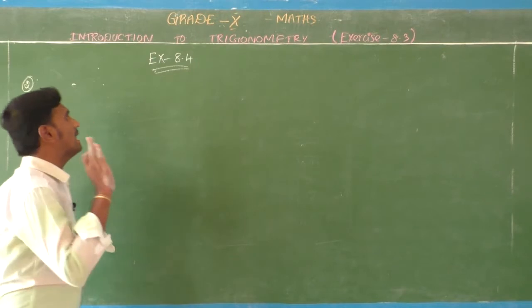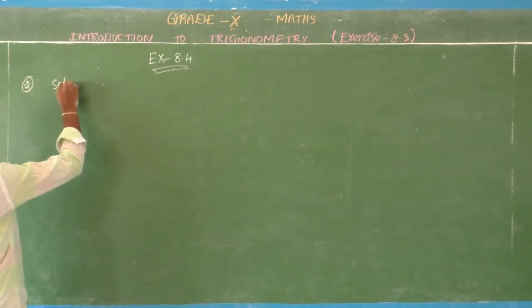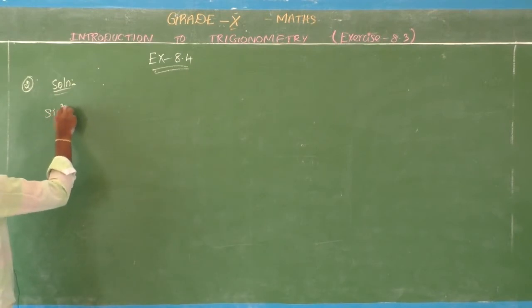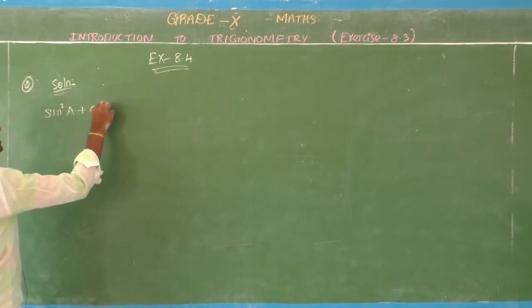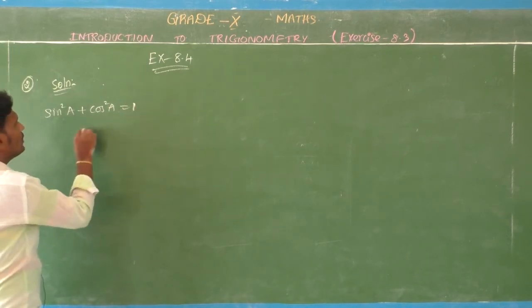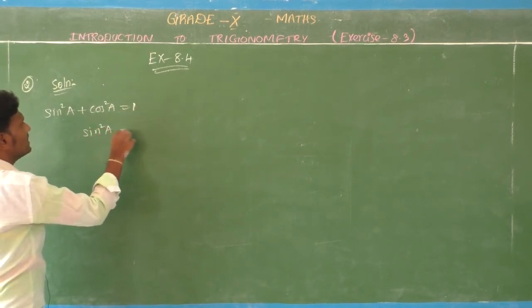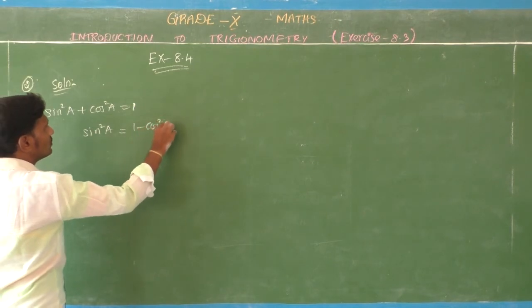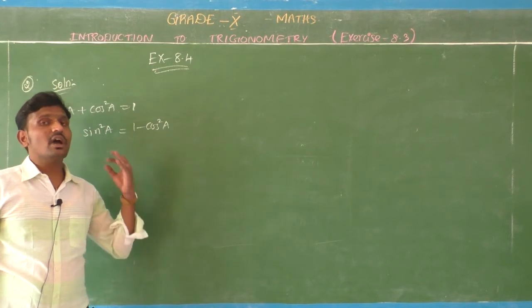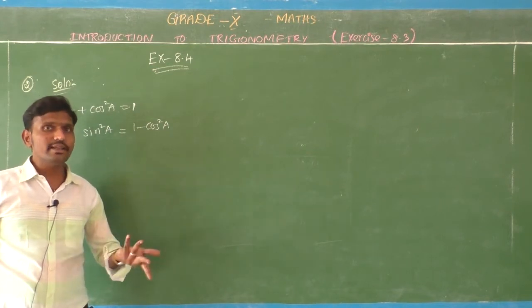First I am taking the first identity, sin square A plus cos square A equals 1. Already I told you, you need only sin square A, which is equal to 1 minus cos square A. But we need to convert all the ratios in terms of what? Secant.